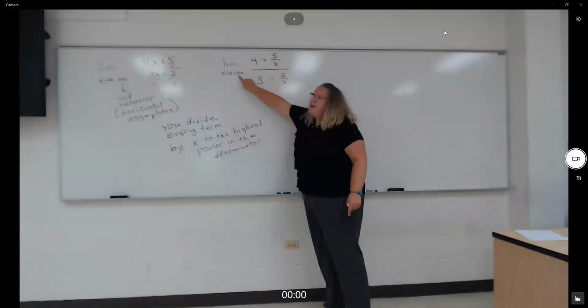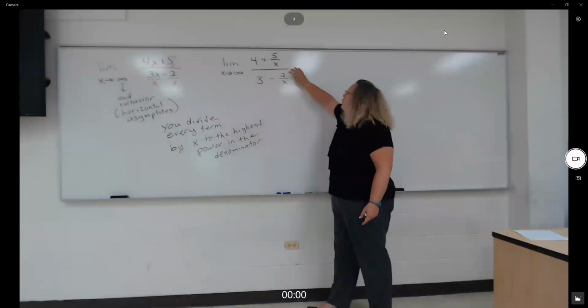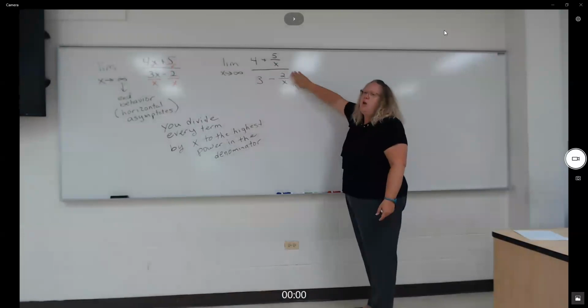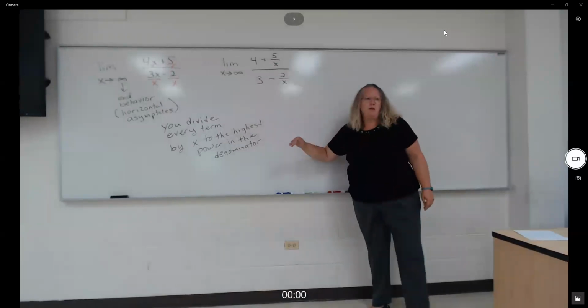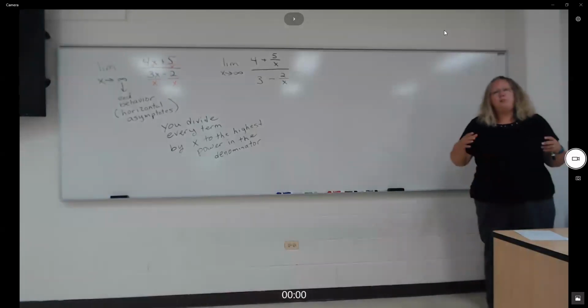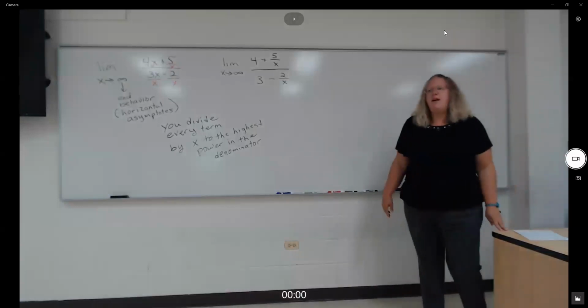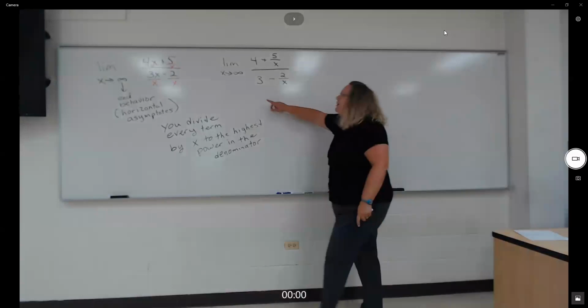We're plugging in infinity. We're plugging in a really big number. What's 2 divided by 1,000? What's 2 divided by 1,000,000? 2 divided by 1,000,000,000,000 starts to get to be really, really small. The bigger the denominator, the smaller the value. So remember, we're only doing limits.